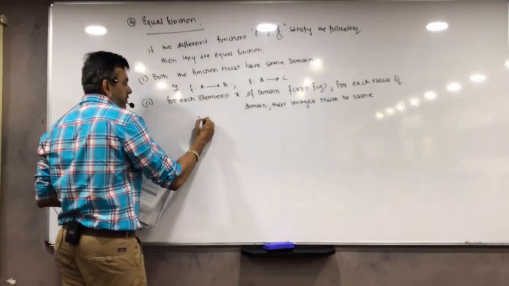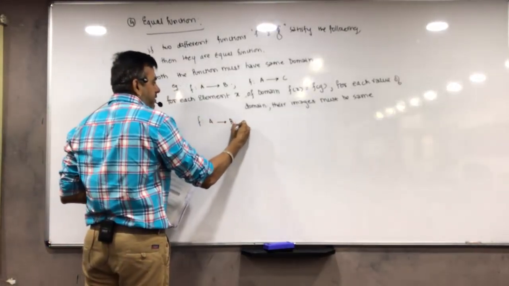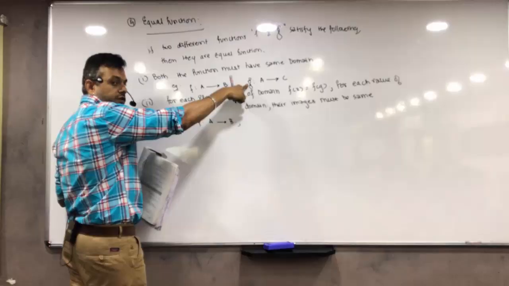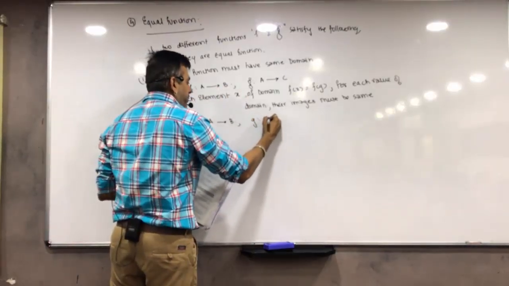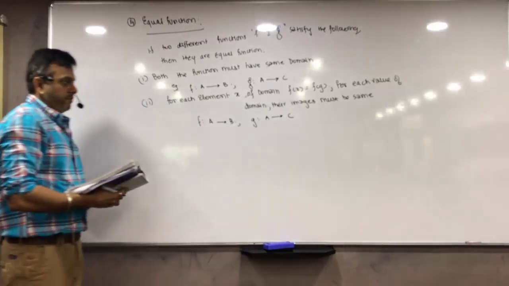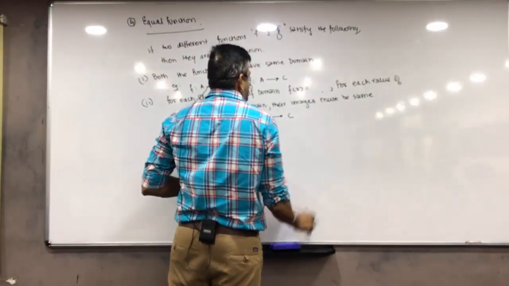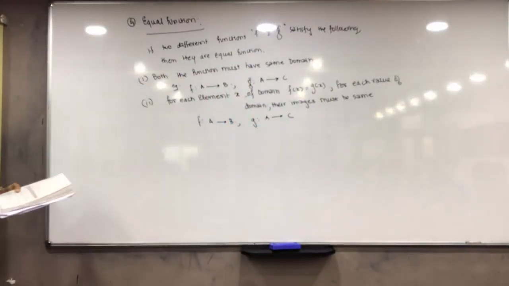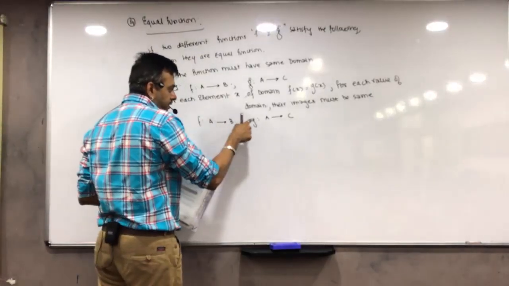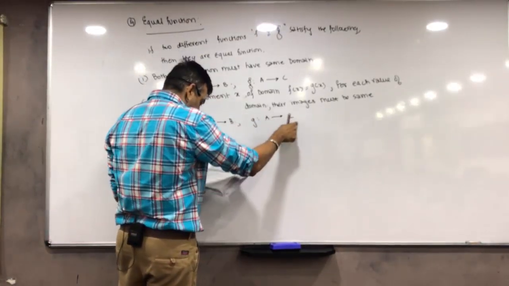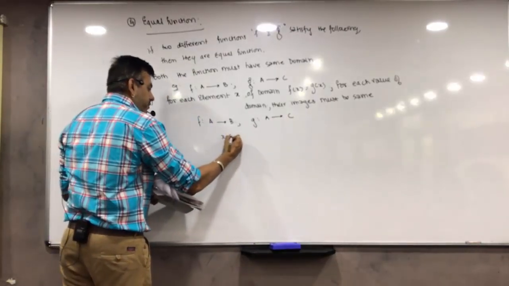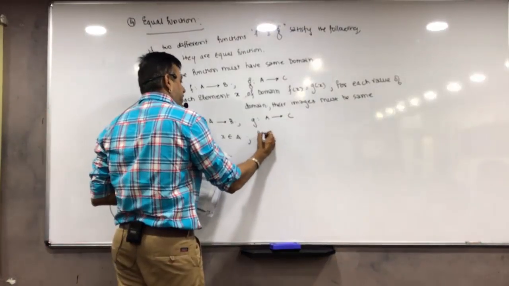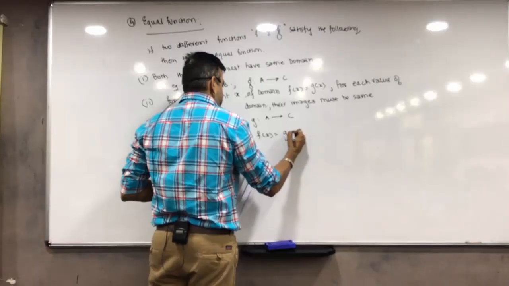So, say for example, f is from set A to set B. Sorry, this is g. And function g is from set A to set C. Now, function f is set A to set B and function g is set A to set C. For x belonging to A, f of x is g of x.